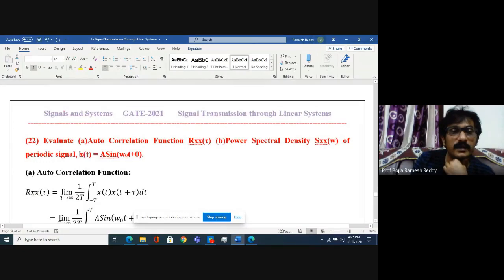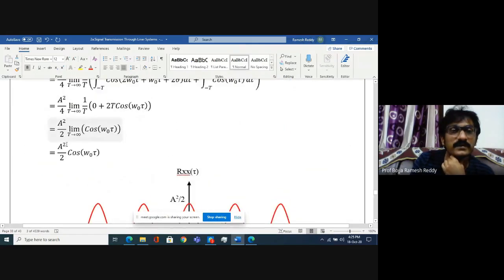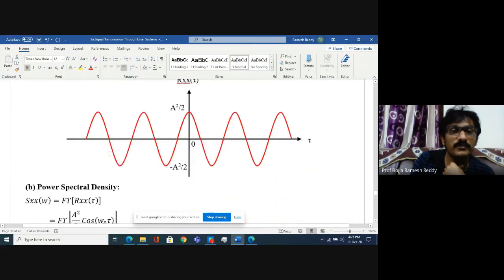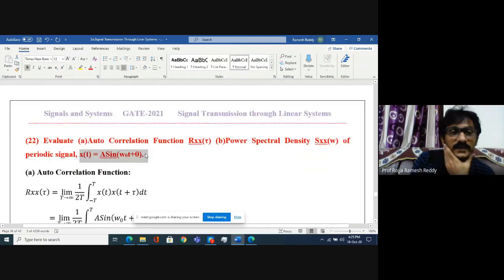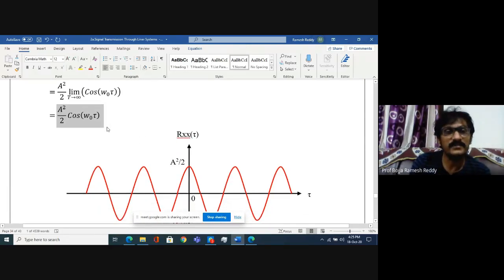Similarly, A sin, previously A cos. For A cos, the answer is A square by 2 cos omega naught tau. For A sin, also A square by 2 cos omega naught tau does not vary, irrespective of sin or cos function. For both the functions, the autocorrelation function is the same. It is very important.